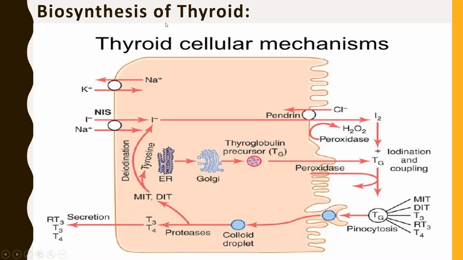Biosynthesis of thyroid hormone. Thyroid cellular mechanism. The receptor is located on the surface of the thyroid cell, here the blood vessels are present. This is the follicular cell present on the thyroid gland, and here is the colloid portion of the thyroid gland.